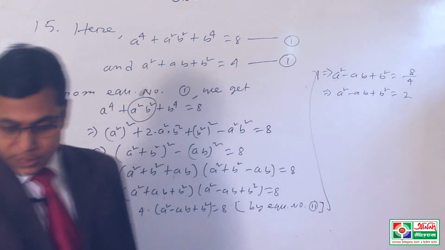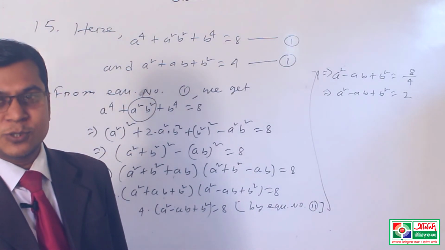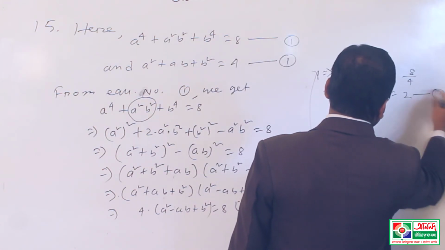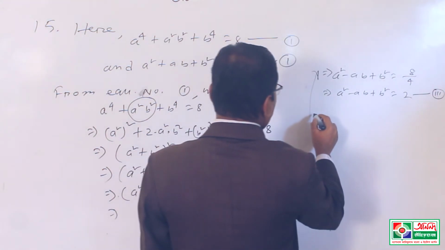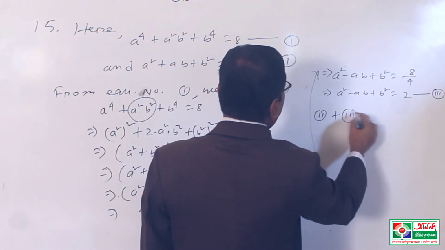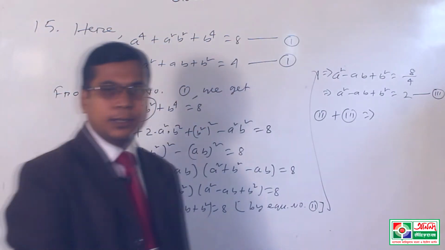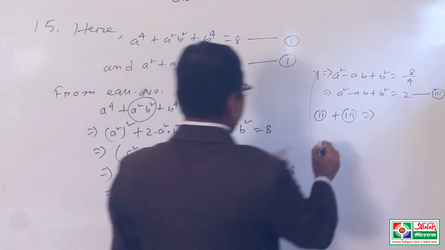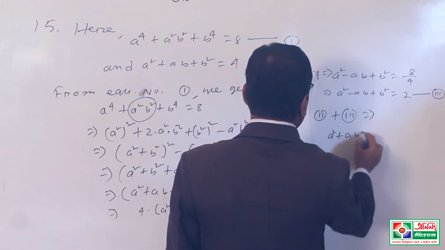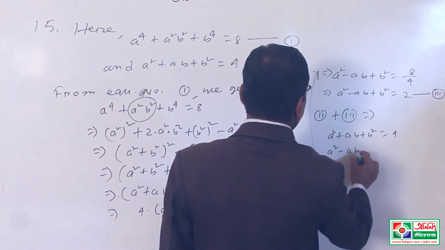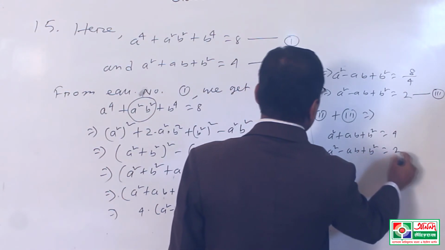Here, dear students, now we will find the value of a square plus b square, and we can write the equation number 3. Now adding equation number 2 and 3, you can write here a square plus ab plus b square equal 4, and a square minus ab plus b square equal 2.